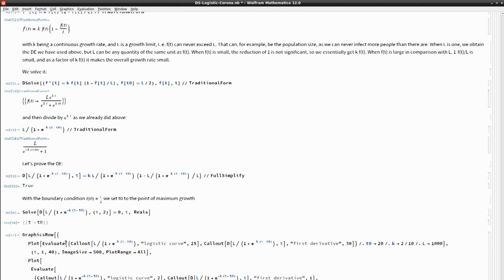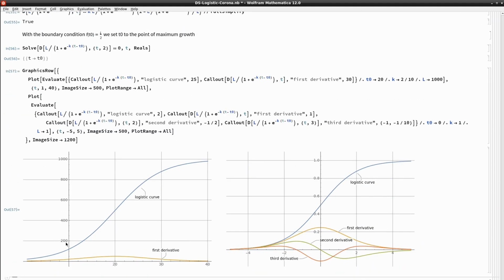Okay, let's plot this a bit, and let's make the following observations. When we use some real data, such as the point in time is 20 and our growth rate is 20%, and we have a population of 1,000, then we're getting this picture on the left. We have the logistic curve in blue, and we have the first derivative in orange, and you see that the maximum of the orange curve is exactly at 20.